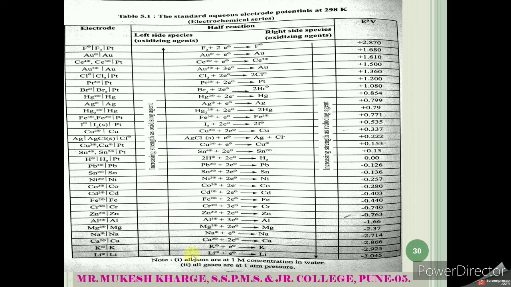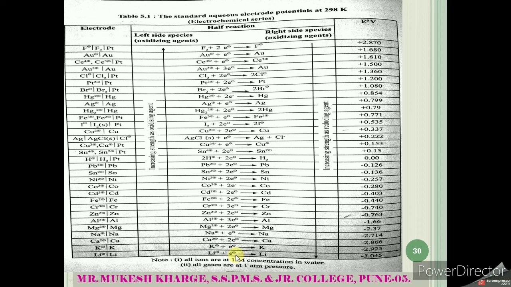Okay, so Li+ accepts an electron and gives Li. So Li gets converted to Li+ plus 1 electron.